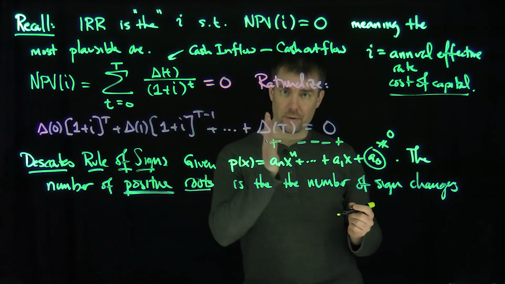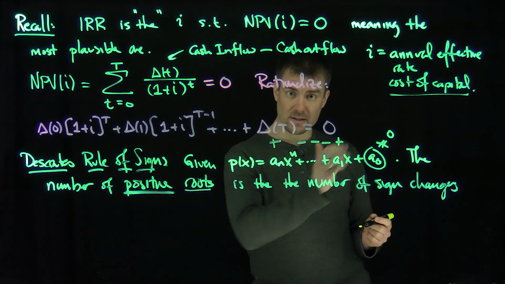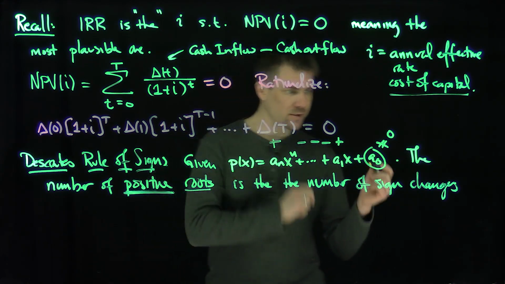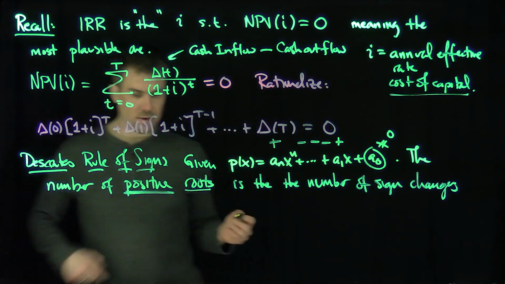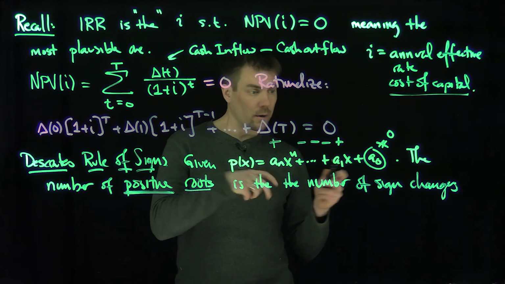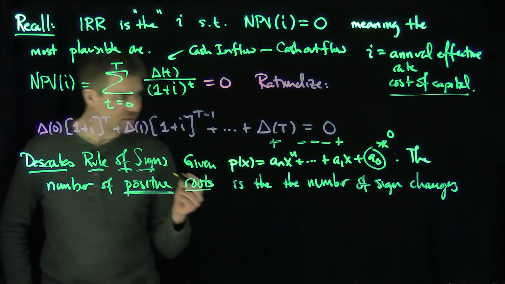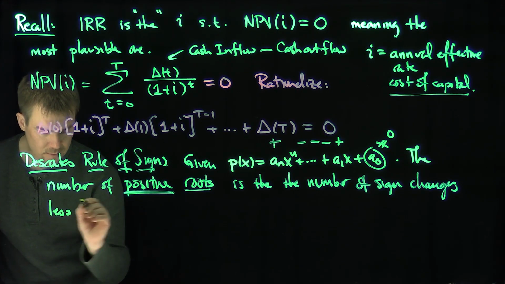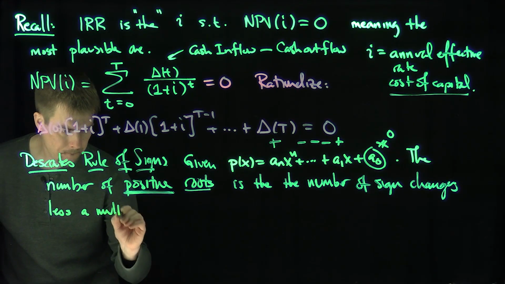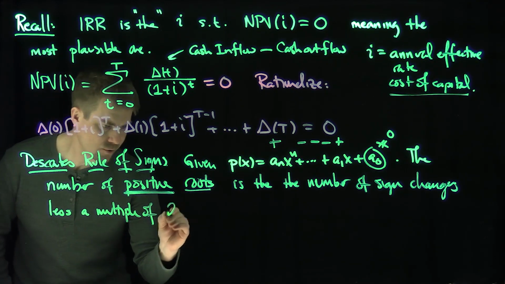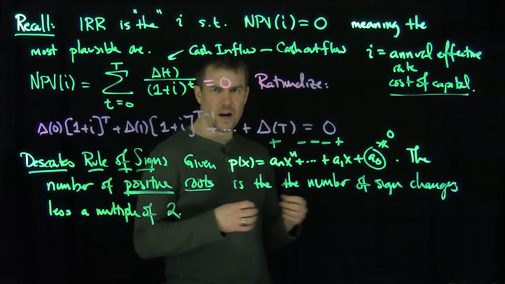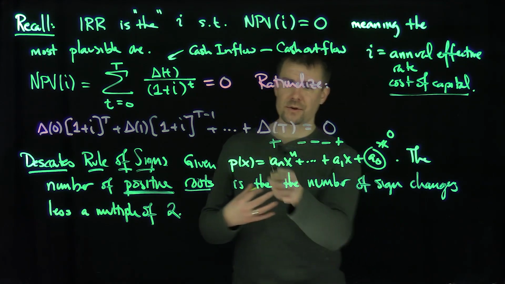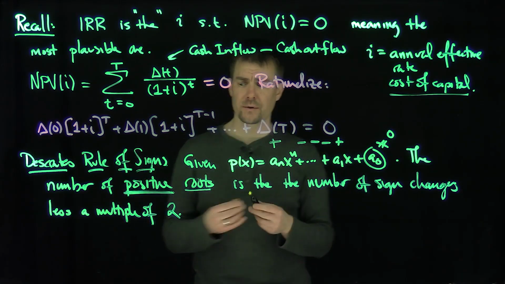So you count the number of times the coefficients go from positive to negative or negative to positive, and that will be the number of positive roots, or the number of sign changes less a multiple of 2. That's a technical point that accounts for the fact that complex roots occur in conjugate pairs if these coefficients are real, like they will be for our cash flow analysis.